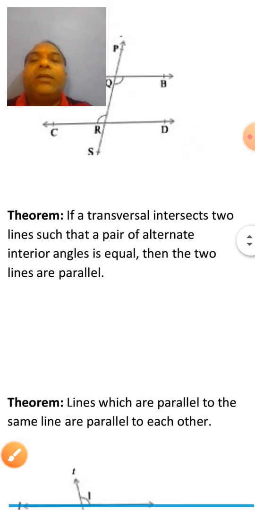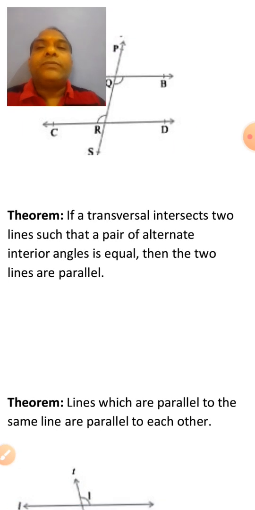Now next theorem, if a transversal intersects two lines such that a pair of alternate interior angles is equal, then the two lines are parallel.